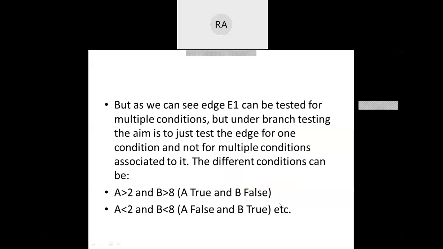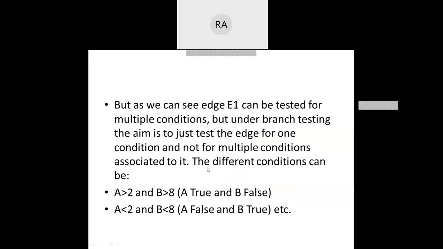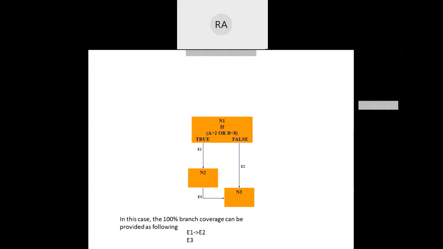An edge can be tested for multiple conditions, but under branch testing, the aim is to test the edge for one condition, not for multiple conditions associated with it. The different conditions can be A true and B false, or A false and B true. You are going to test for only one condition and you can achieve it for a branch.